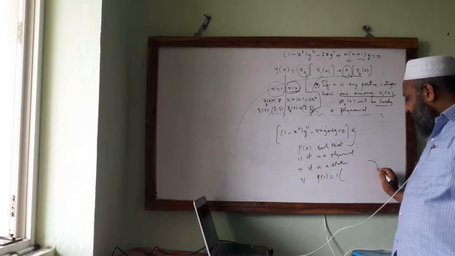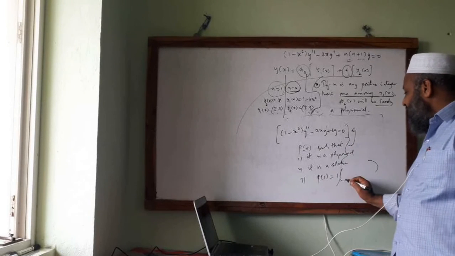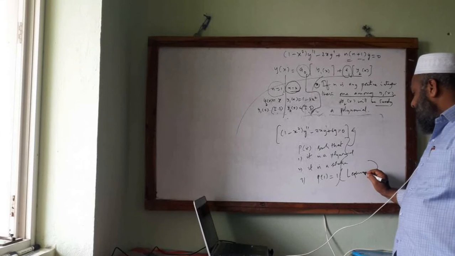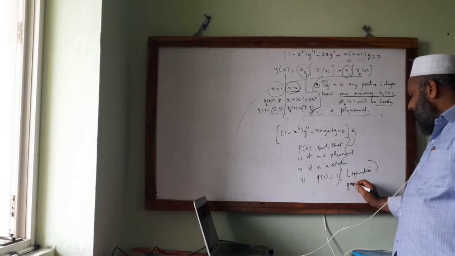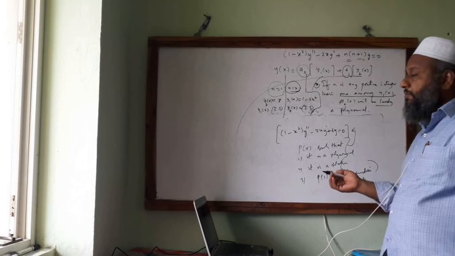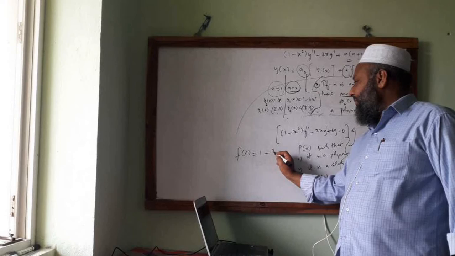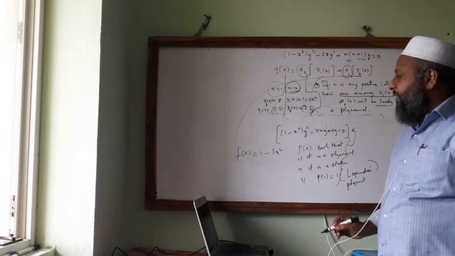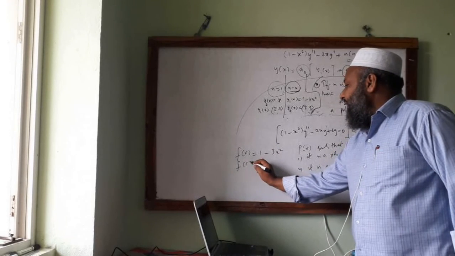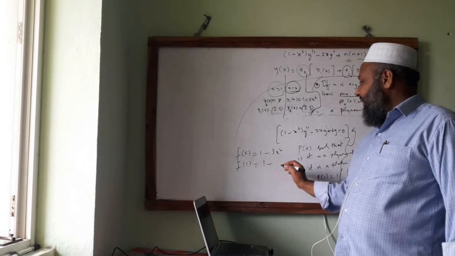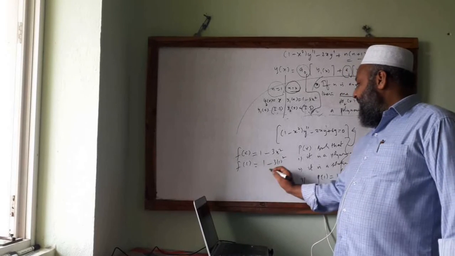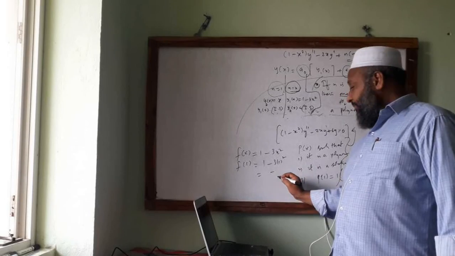So this one, finally we will call it a Legendre's polynomial. Now the value of f of x which has just now satisfied is 1 minus 3x square, but if you substitute 1 in that, f of 1 is nothing but 1 minus 3 into 1 square, that is nothing but equal to minus 2.